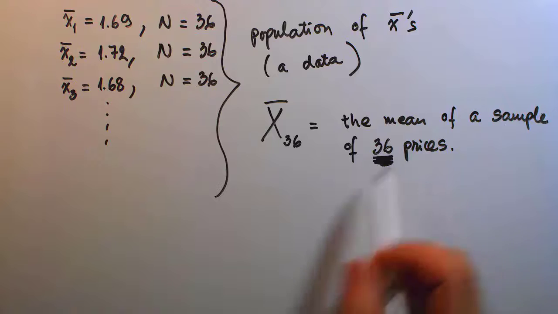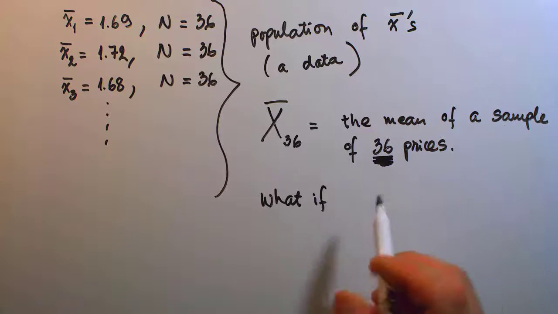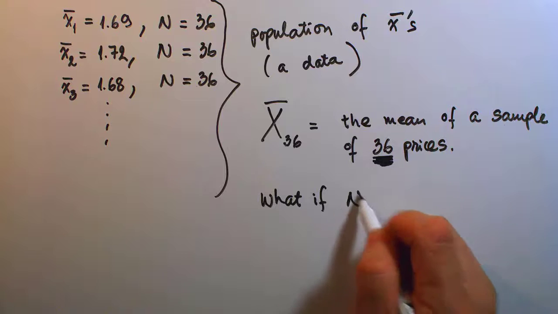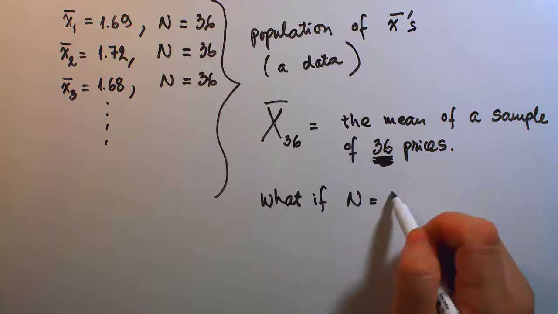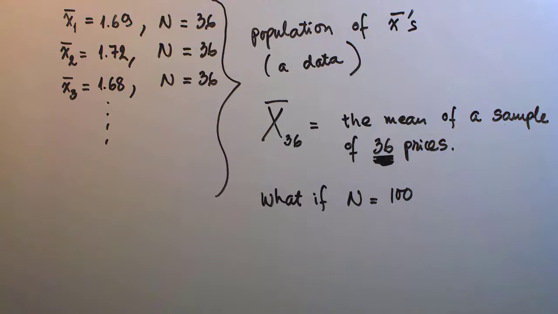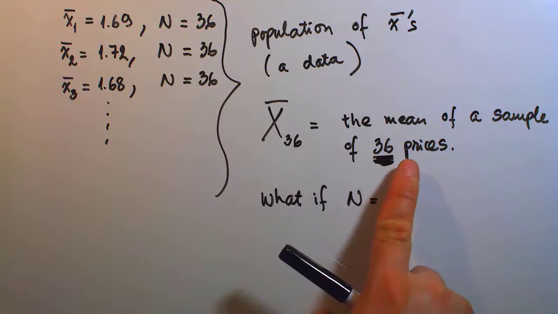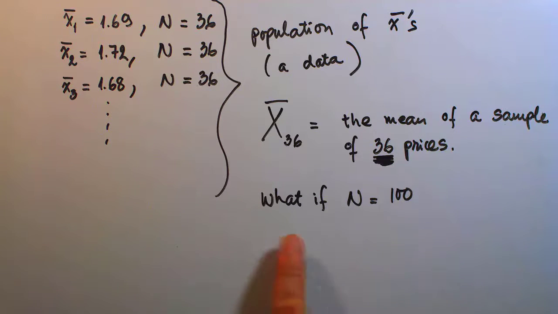So what if we change to a different sample size, say 100 prices? I mean, what if on that day, June 1st, 2020, instead of picking only 36 prices nationwide, I was instead picking 100 prices nationwide, then what would I be using as a random variable?